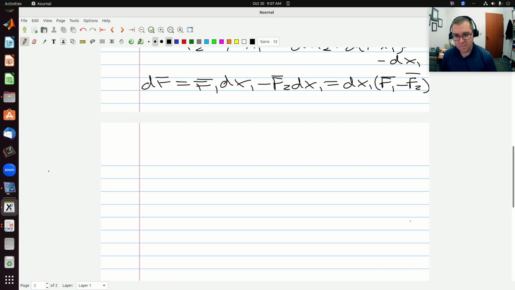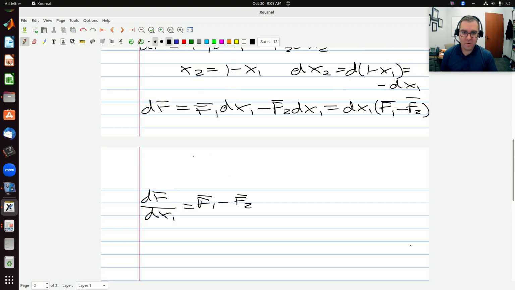So we have df/dx1 is equal to f-bar 1 minus f-bar 2. This is actually cool: the change of f with respect to x1 is equal to the difference in my partial molar values.